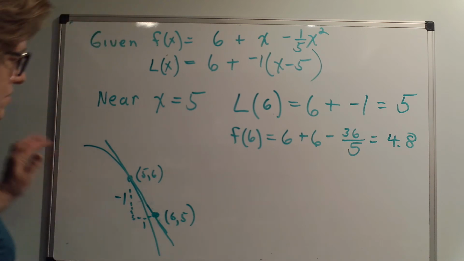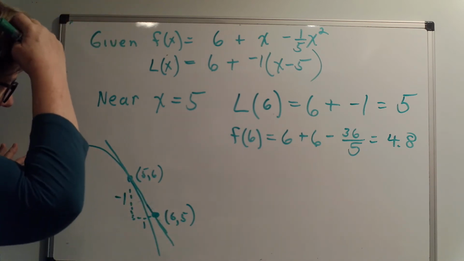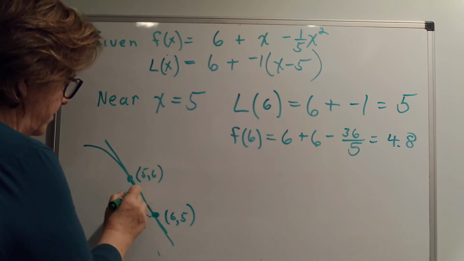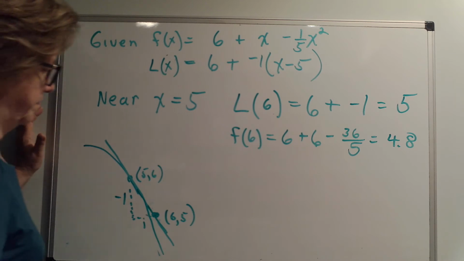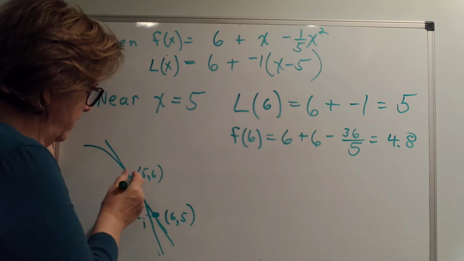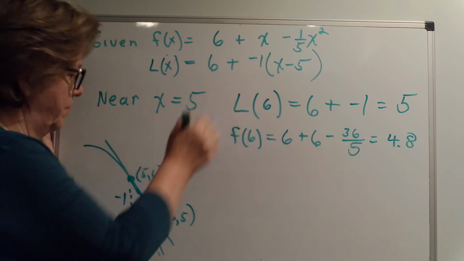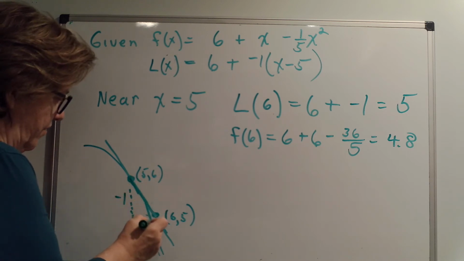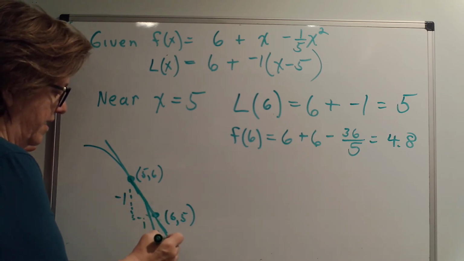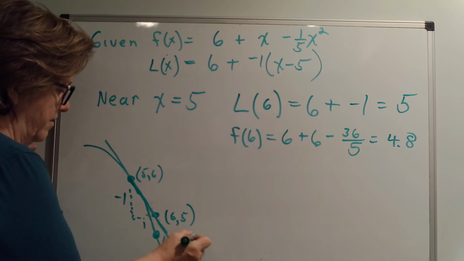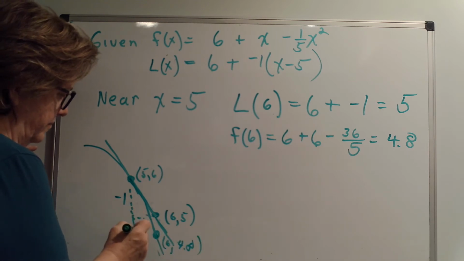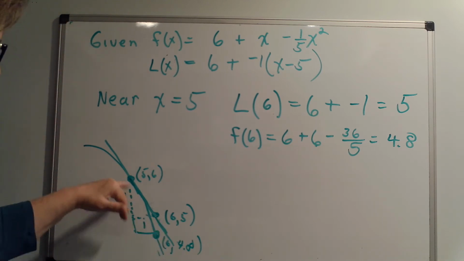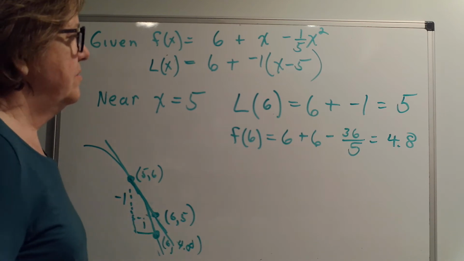Let me show you what that looks like on this. Actually, let me draw this a little bit. The problem is that in the linear approximation we were following the line. If we actually follow the curve, then at 6 we're going to be at 4.8, not at 5. So we're going down.